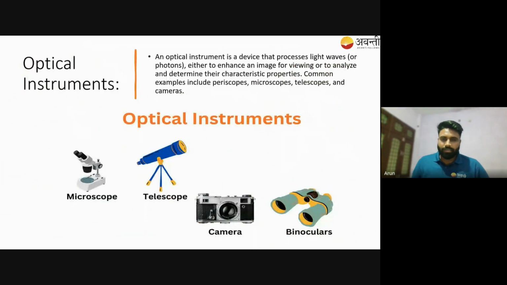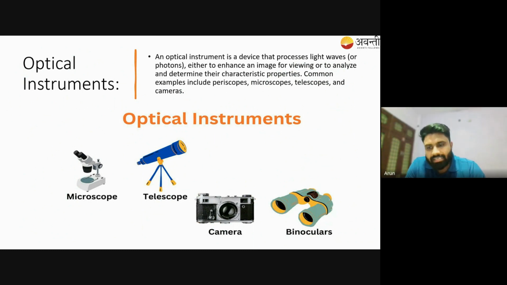Now the optical instruments. Okay. What are the uses of optical instruments? Firstly, optical instruments are devices that process light in such a way that the object will appear erect, large and much clearer.